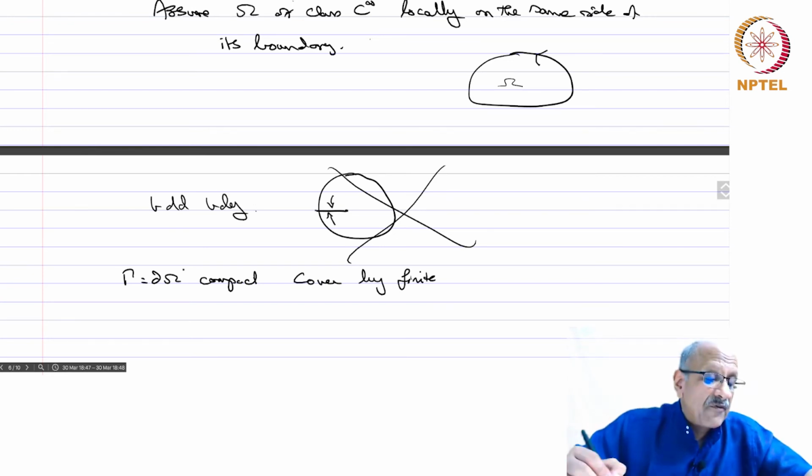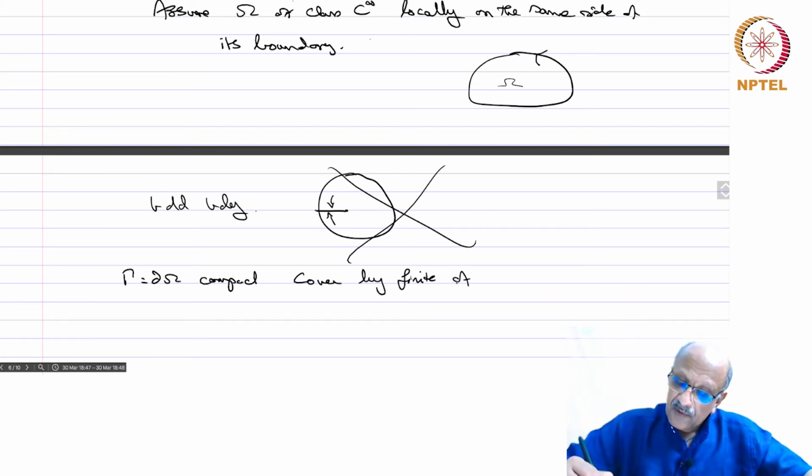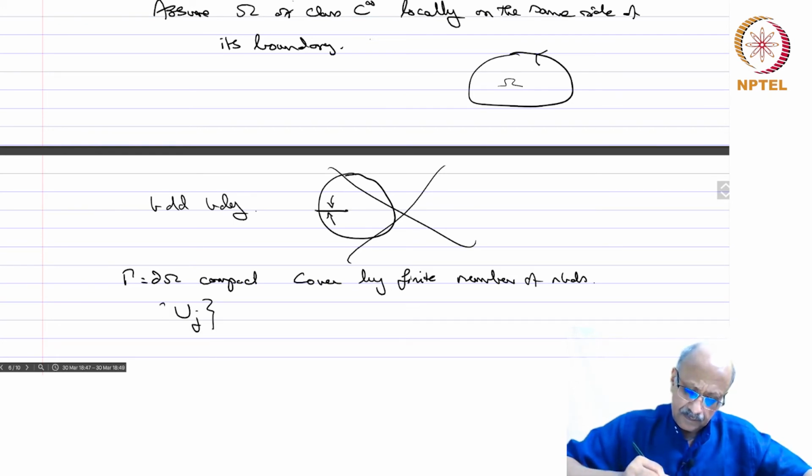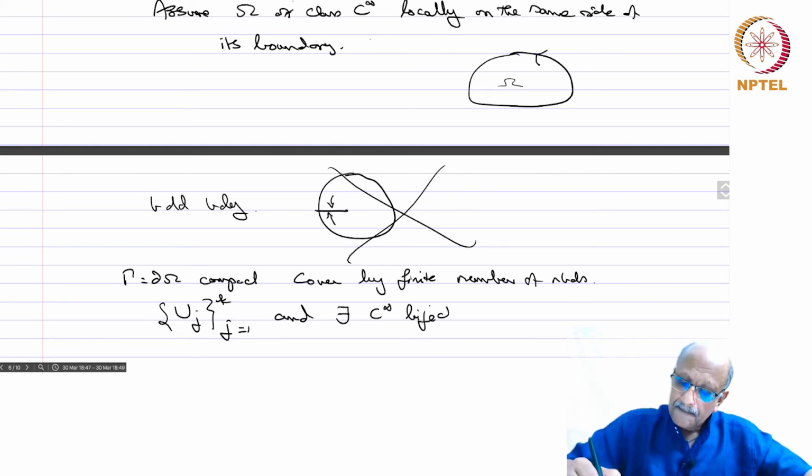So we can cover it by a finite number of neighborhoods Uj, j equals 1 to k, and there exist C infinity bijections Tj from Q to Uj.